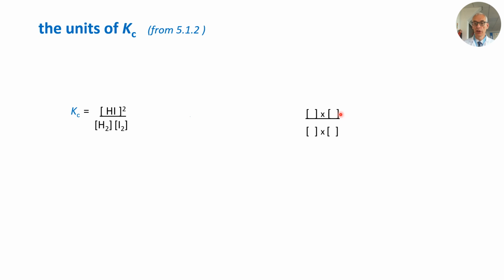If we look at the units, that's the units of concentration times the units of concentration divided by the units of concentration multiplied by the units of concentration. So we'll see that these cancel out. So we are left with no units. So Kc has no units in this case.